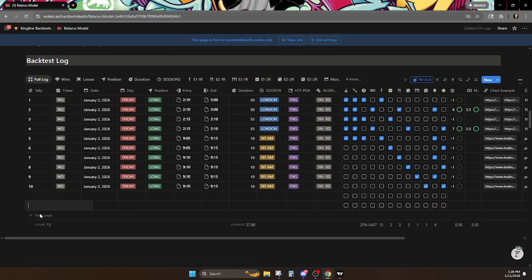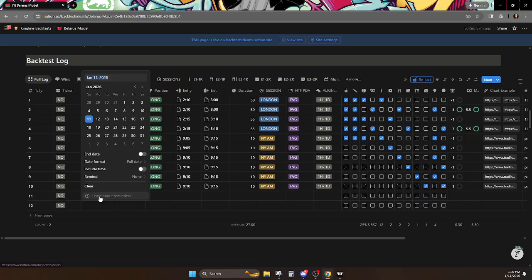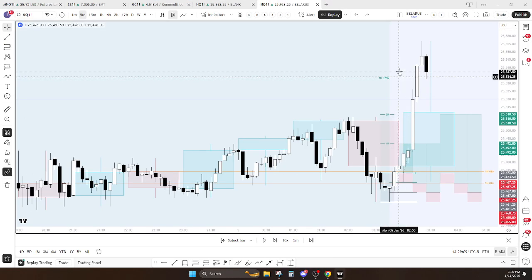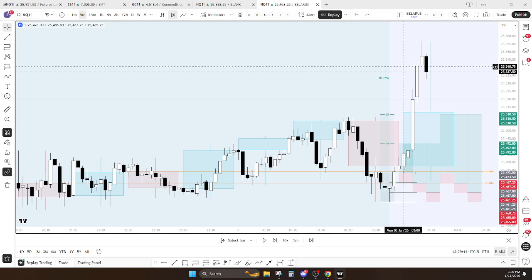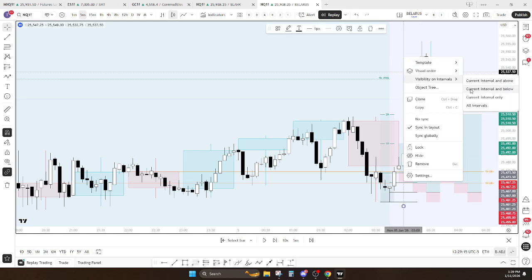All right, so we have two entries here because we weren't stopped out of anything. We got entry one and it just ran. Hold on, I need to place my marker on here. So this is London on Monday.